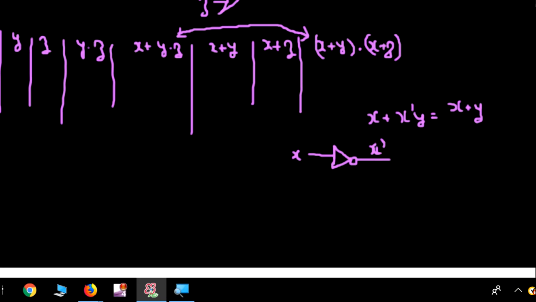Whenever you pass x you'll get x complement as the output, and you have y over here. Now they are being multiplied, so you need an AND gate. So we have this AND gate, you'll get output as x complement multiplied with y. Now if you want you can take this x from here.